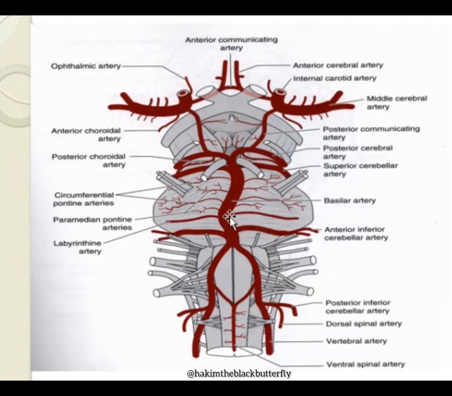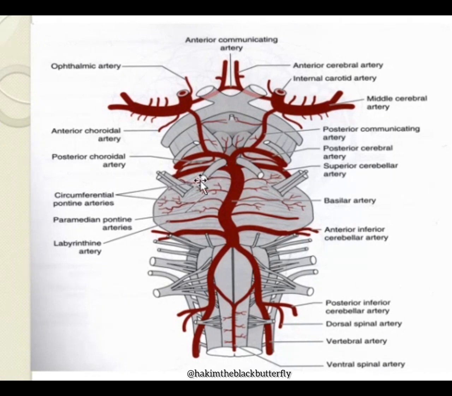Then we are going to have branches to the pons. All these branches which are supplying the pons are known as pontine arteries. Some of them are long because they go and also supply the posterior surface of the pons. That's why they call them circumferential pontine arteries, because they are long and they can reach the posterior surface of the pons.